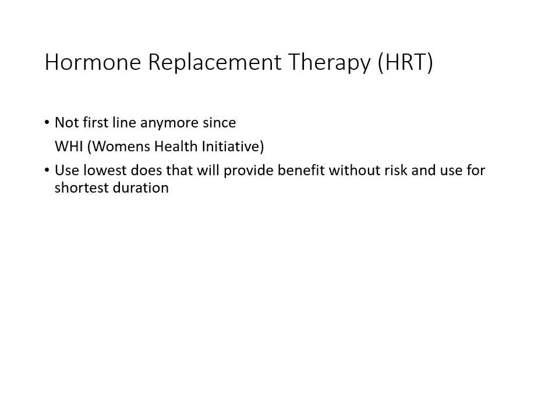Hormone replacement therapy used to be more common in the olden days. Now, because of the Women's Health Initiative, it is not the first line of treatment anymore. The recommendation is to use the lowest dose that will provide benefit without risk, and for the shortest duration.